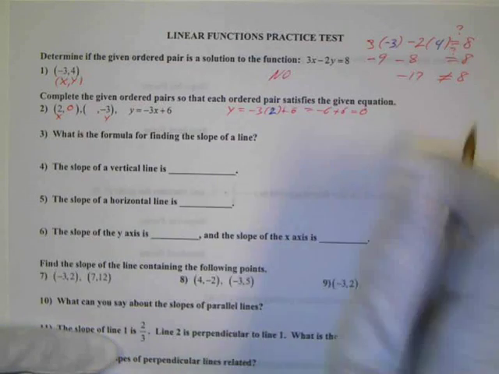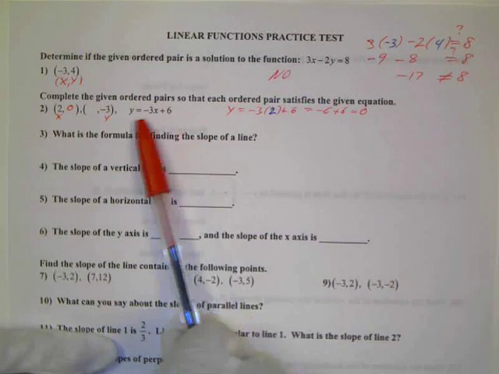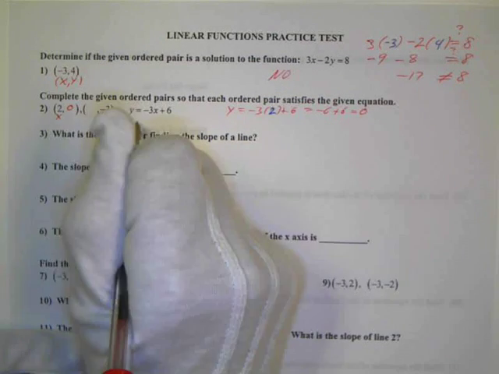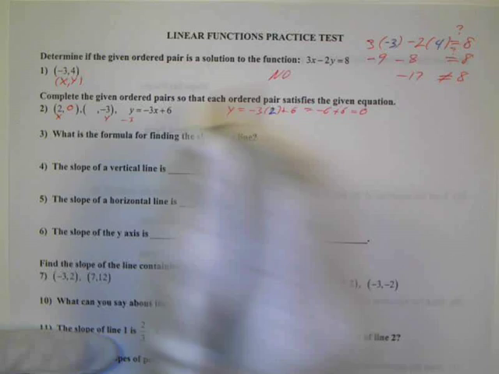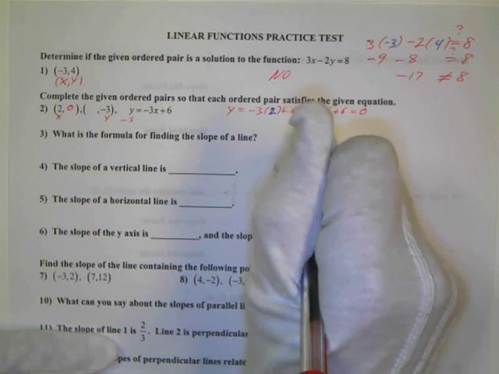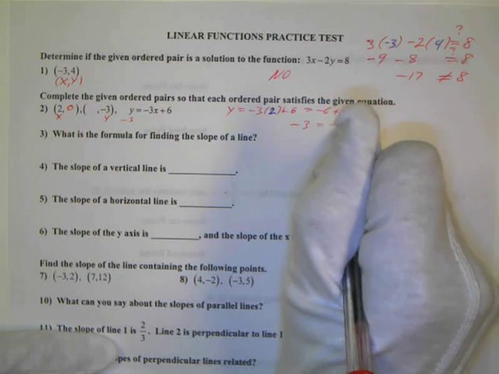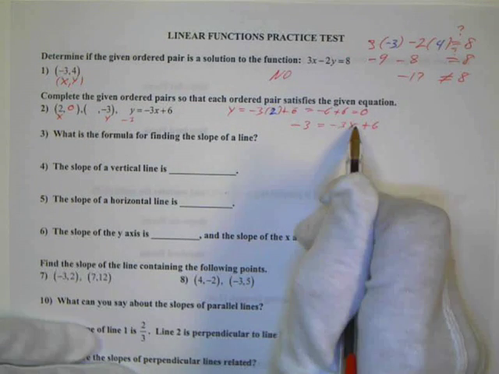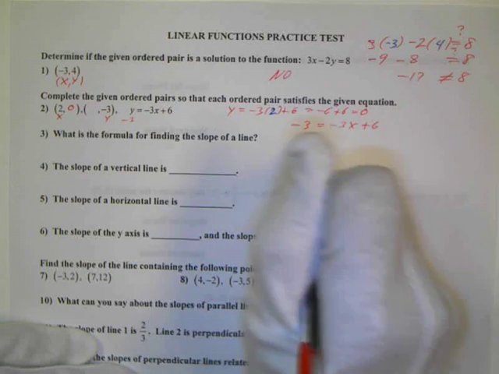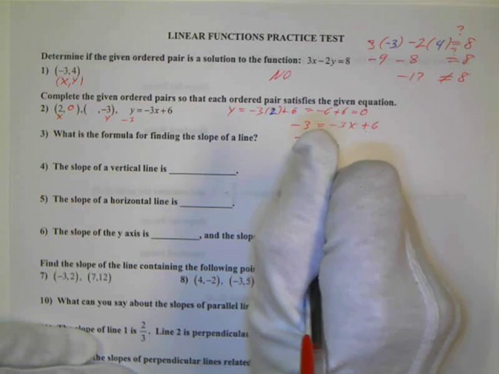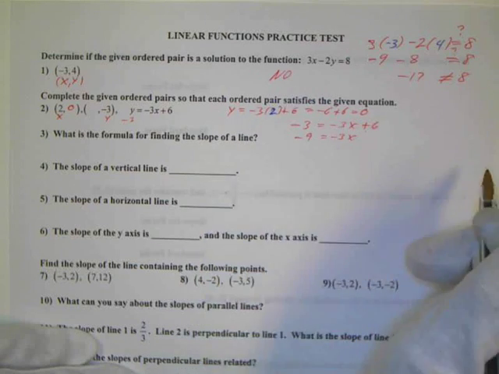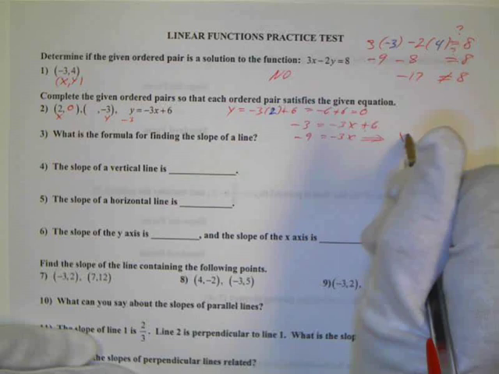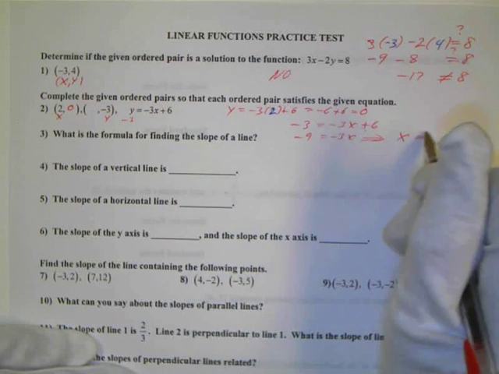Now in this one, we're told that y is -3, so I'll just write the equation and I'll put -3 here for y. So in other words, this is going to be -3, and I want to find out what x is, so I'll say -3 equals -3x plus 6. And then if I subtract 6 from both sides, -6, I got -9 equals -3x. And then if I divide both sides by -3, this implies that x will be equal to, if I divide -9 by -3, I get 3.